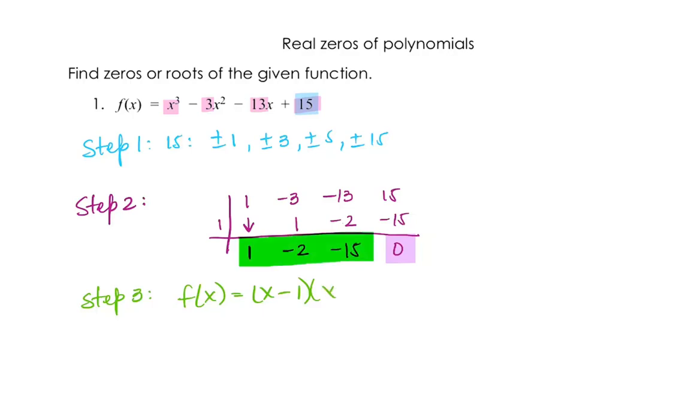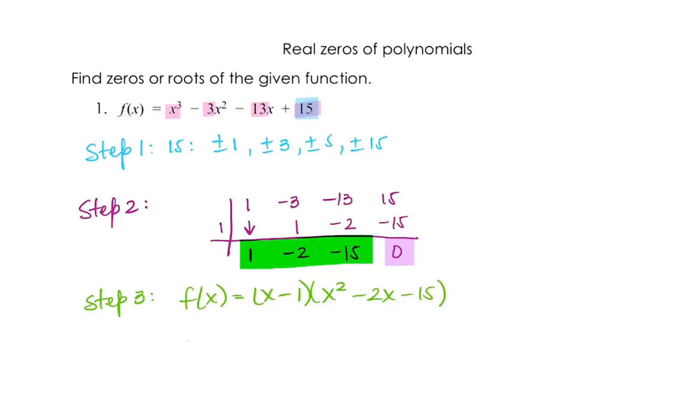So we have x squared, because there is a 1 right there, minus 2x minus 15. Now we can factor x squared minus 2x minus 15 to find the rest of the zeros of this function. Once we factor that, we get x minus 5 times x plus 3.